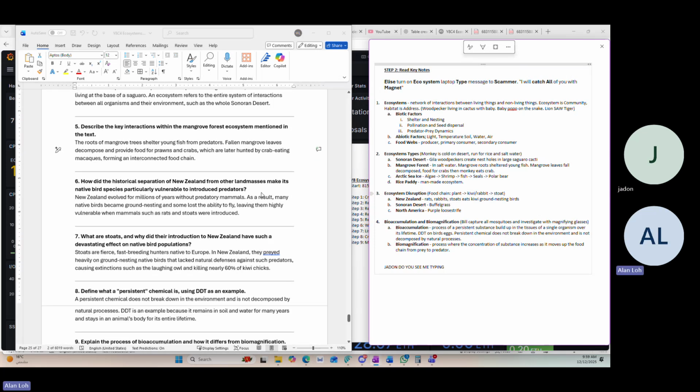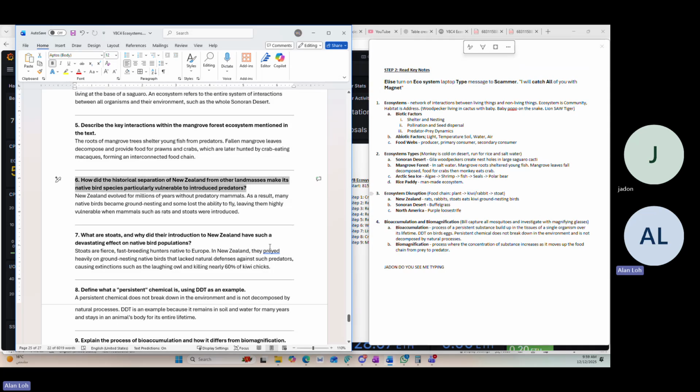Okay. Now, do the same exercise. Read this and tell me which drawer. Jaden, which drawer? Three.